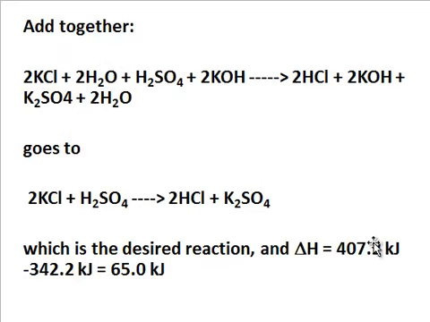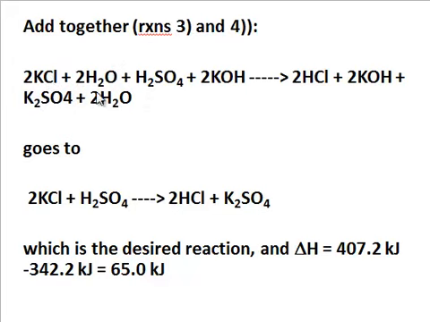Next step is to add together, and remember the things we're adding together are reactions 3 and 4. So here is everything on the reactant side, and here's everything on the product side.